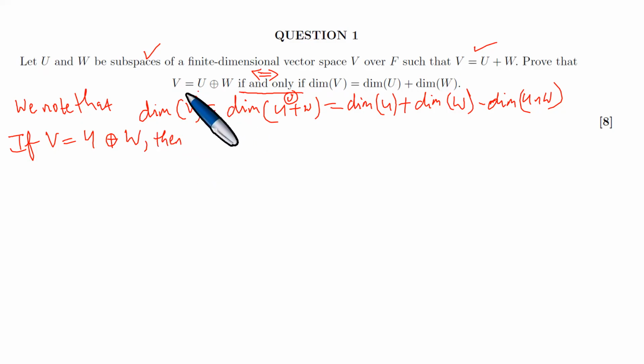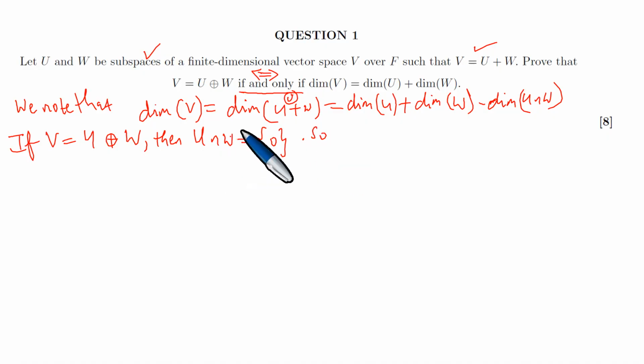If V is the direct sum, it means that U intersection W is trivial. So if you have V equals the direct sum of U and W, then U intersection W is trivial.